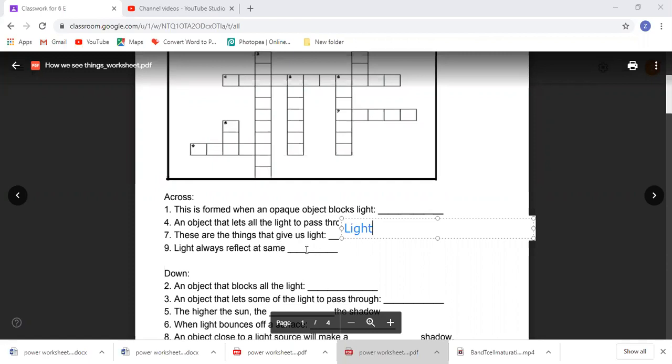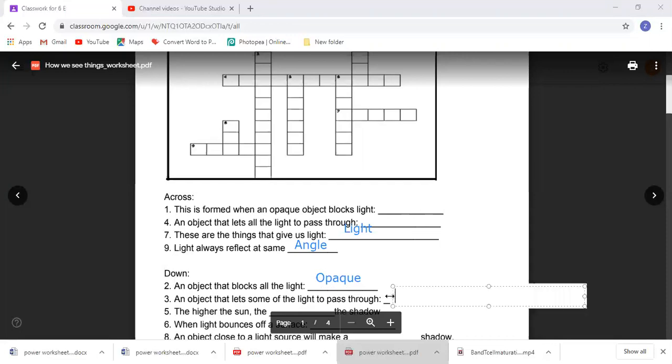Light always reflects at the same angle. As per the law of reflection, you will figure out that the angle of reflection and the angle of incidence are equal. So you're going to write over here angle. Now, an object that blocks all the light is called an opaque object. An object that lets some of the light pass through is called translucent, right?